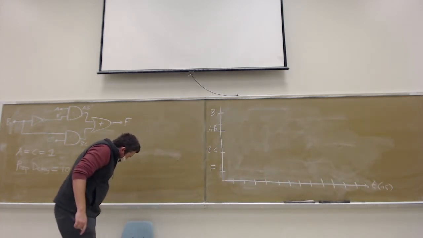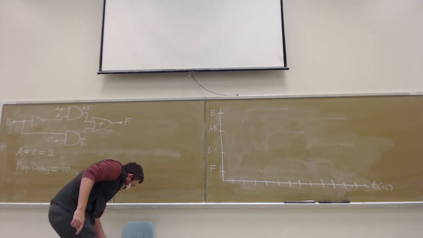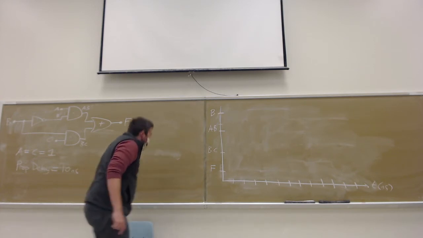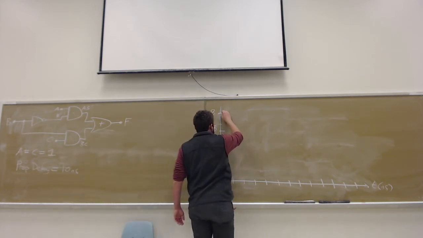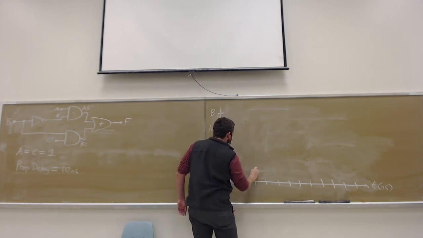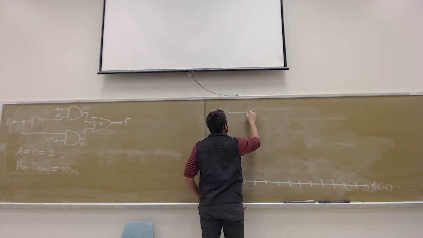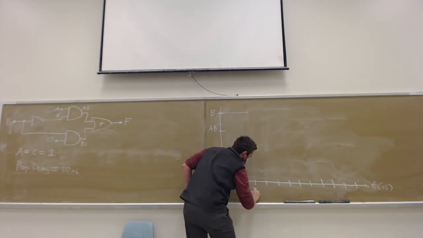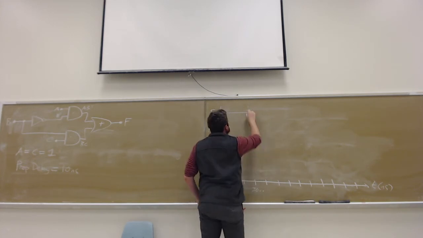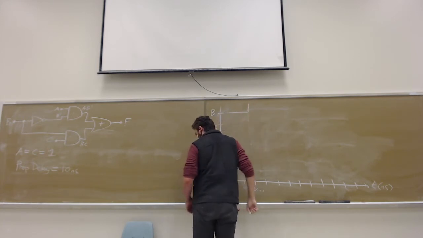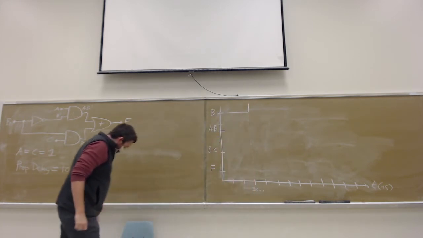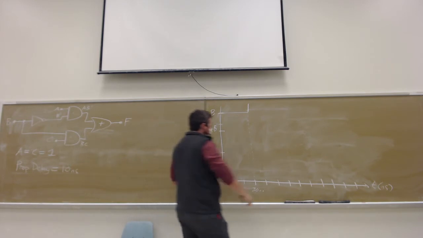And so here's what happens. B is going to stay 0 for about 30 nanoseconds. Then it's going to go to 1. Oh, I lied, I got it totally backwards.